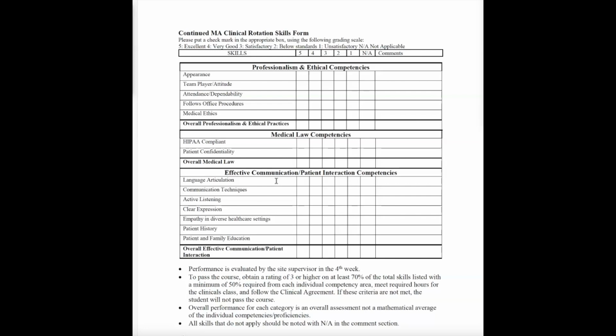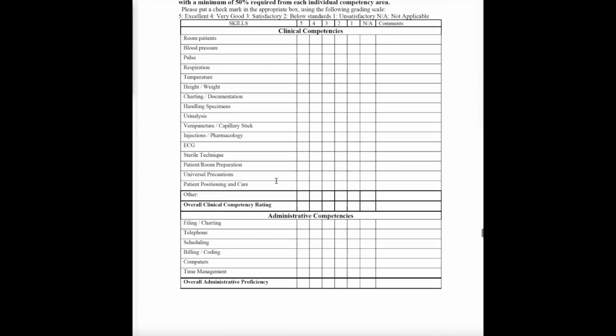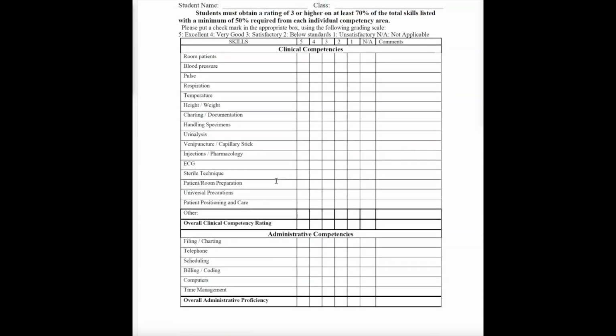So while you only need to meet 50% from each area, you still need to meet 70% from the overall checklist. There are approximately 36 skills on this list, which means you need a total of about 25 skills overall, making sure that you're representing skills from each of those clinical competency areas.